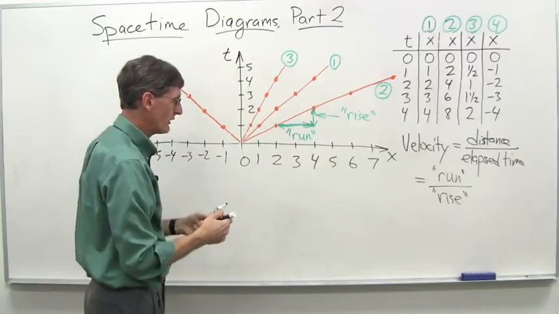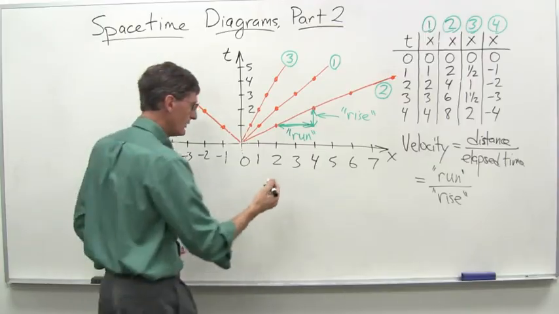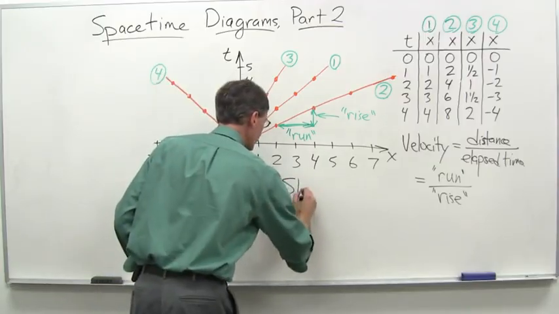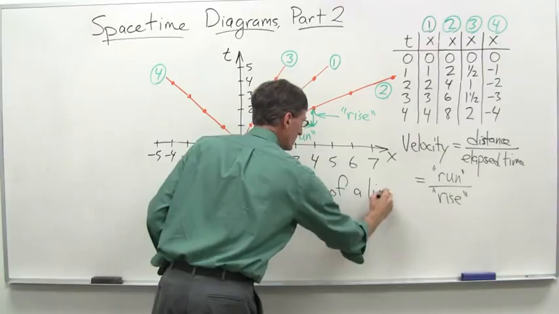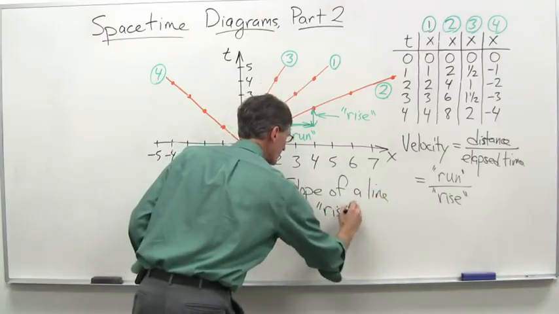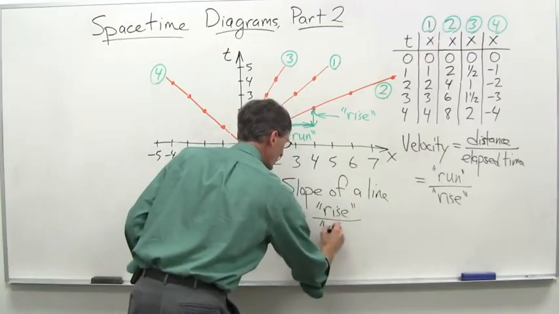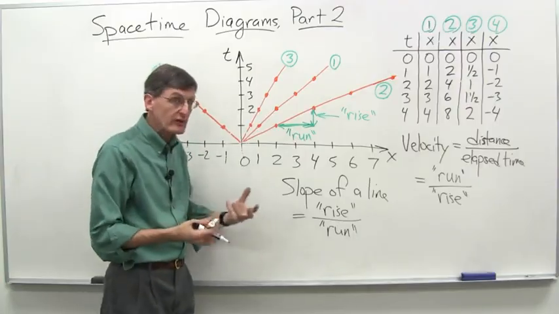And just to remind you, the first definition of slope you probably learned is that the slope of a line equals rise over run. So it's a measure of the steepness of a line.